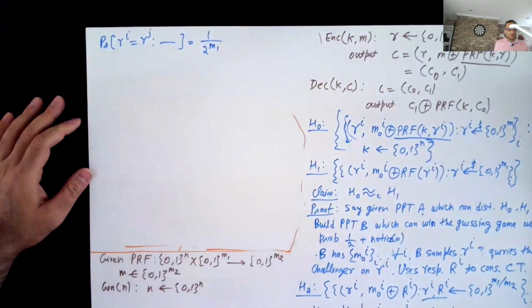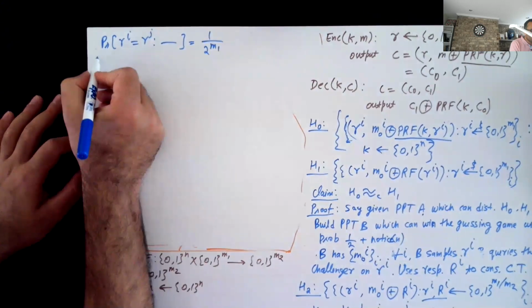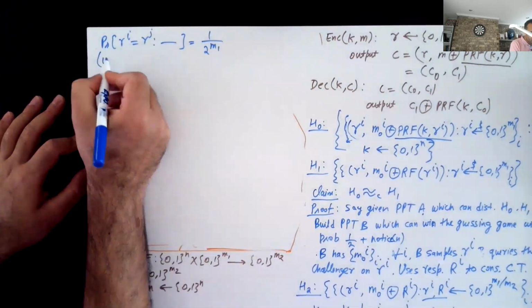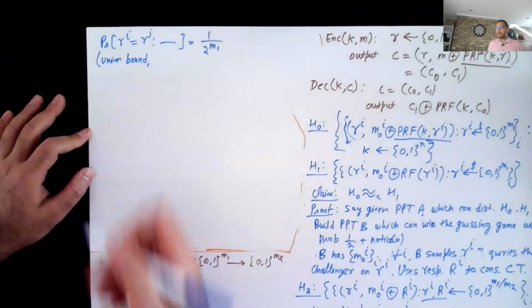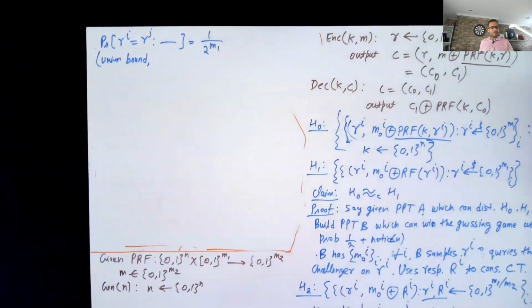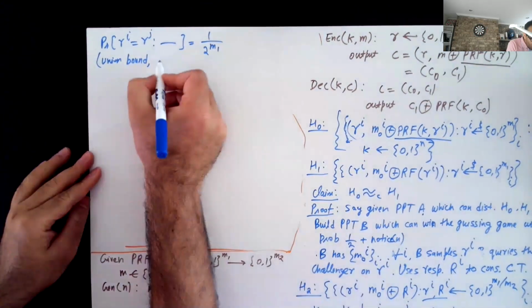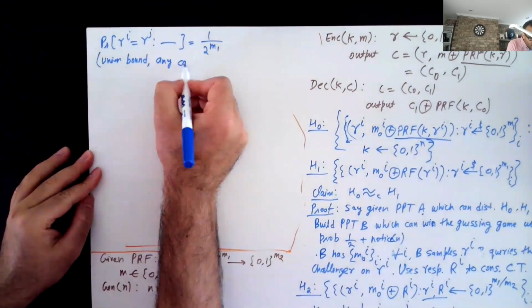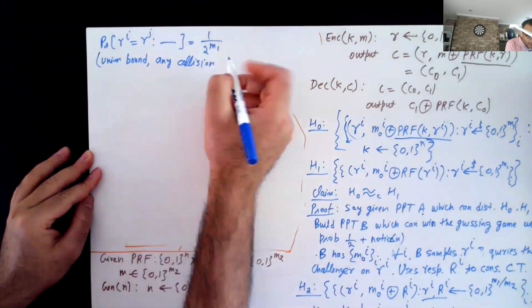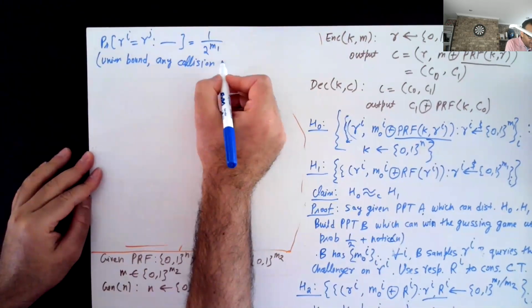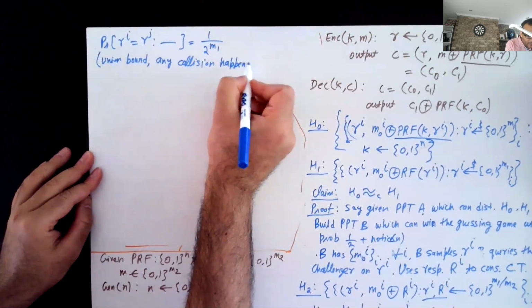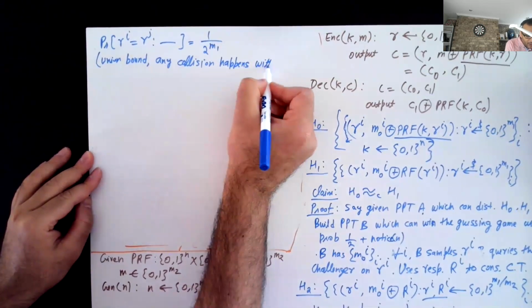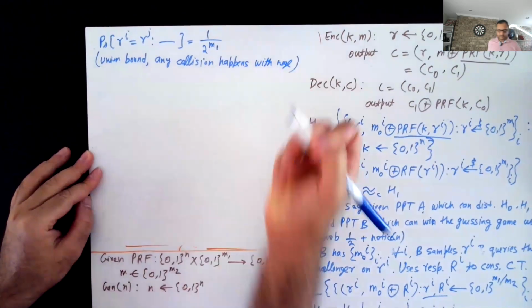Okay, so you can take a union bound. But there are only a polynomial number of these strings. So the probability of any collision happening, collision happens with negligible probability.